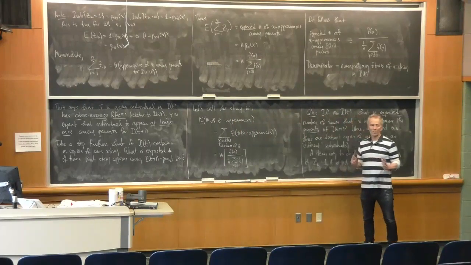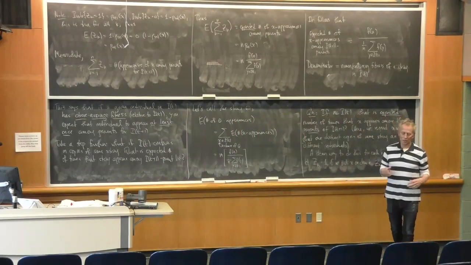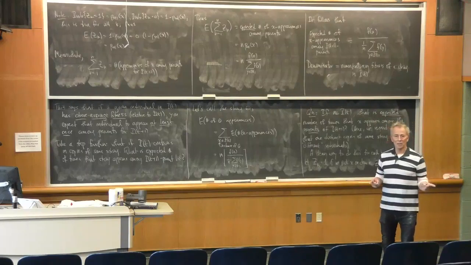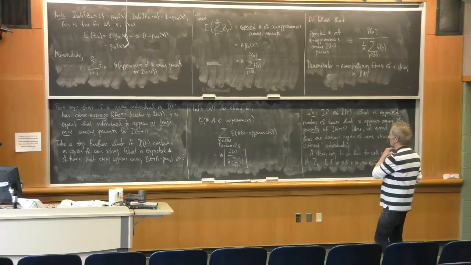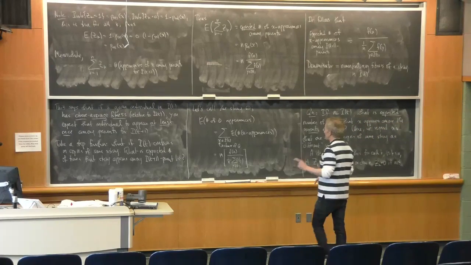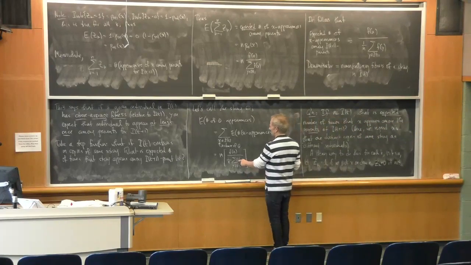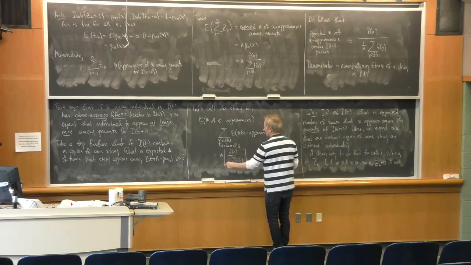So if there are m reps of some specific string in the population at time t, the expected number of reps of that specific string in the population at time t plus 1 is going to be this quantity here.